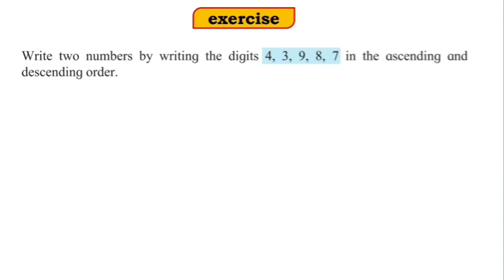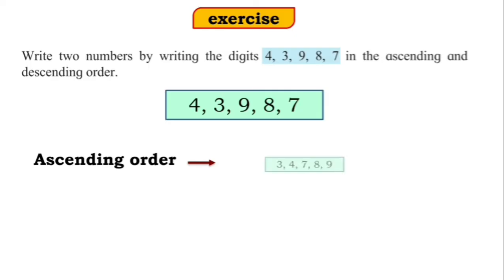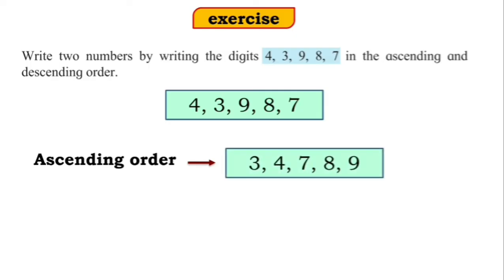Now let us move on to next question. Write two numbers by writing the digits 4, 3, 9, 8, 7 in the ascending and descending order. The given digits are 4, 3, 9, 8, 7. Let us arrange these digits in ascending order. So the ascending order will be 3, 4, 7, 8, 9.